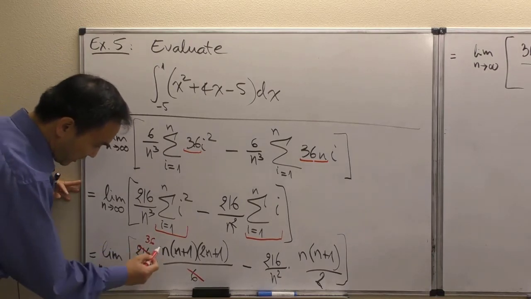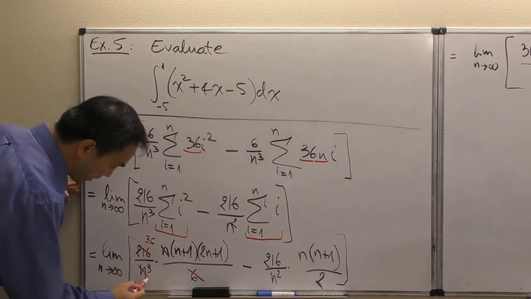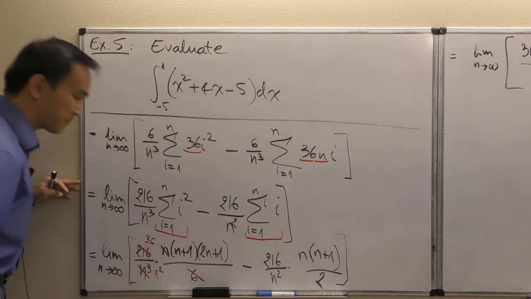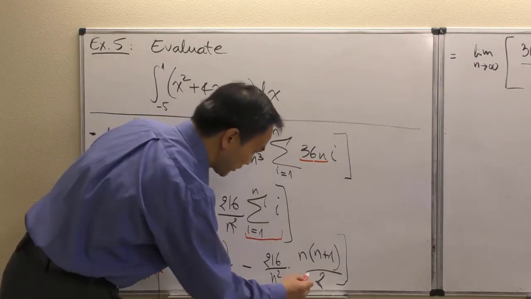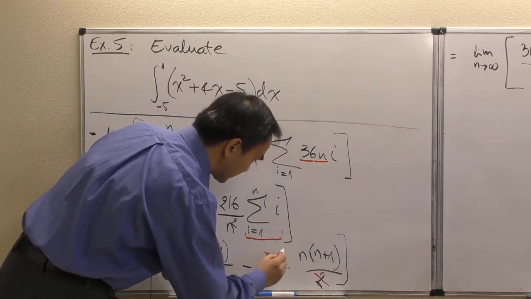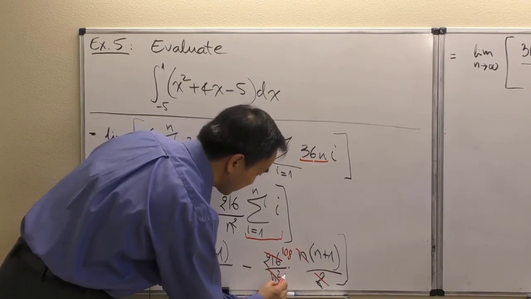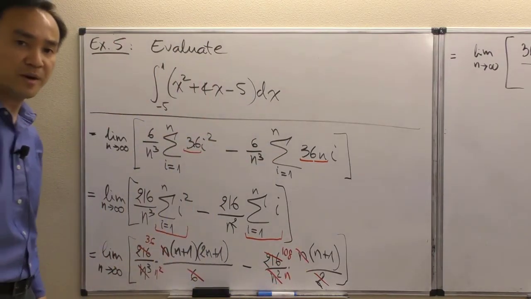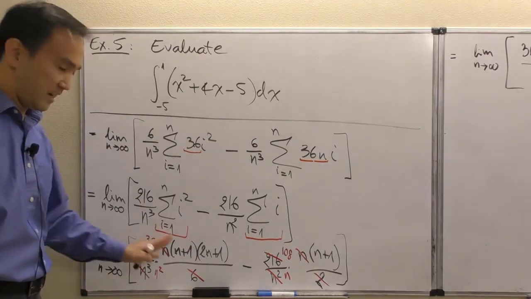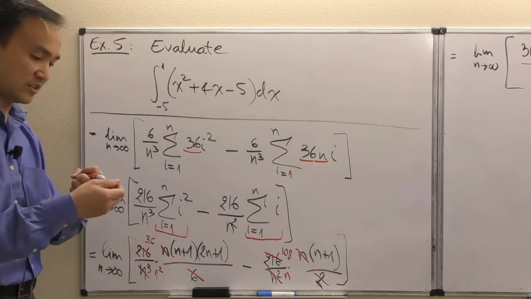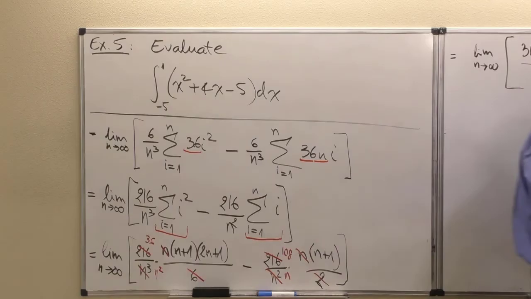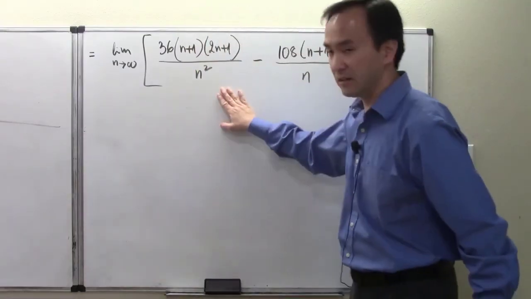Then this n cancels with the n cubed and gives us an n squared that remains. Then the 216 cancels with that 2 to give us a 108, and the n here cancels with the n squared to give a remaining n factor at the bottom. And that's how I had that next step on this board right here.